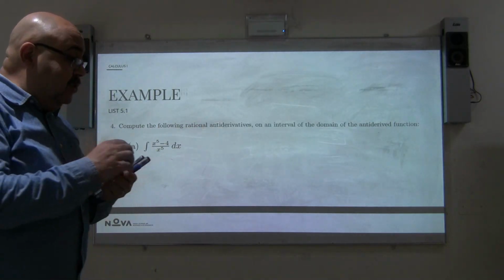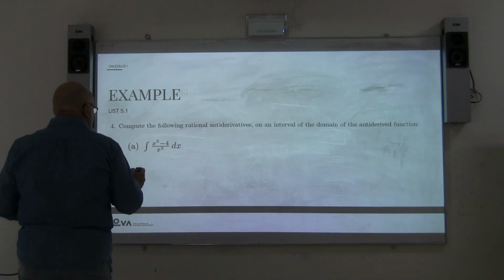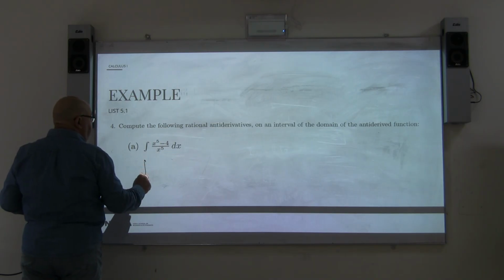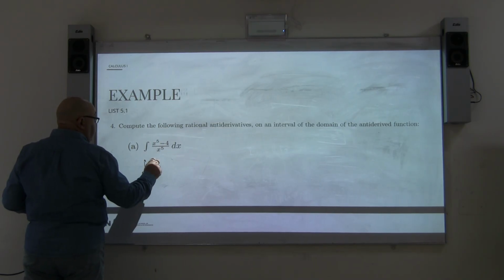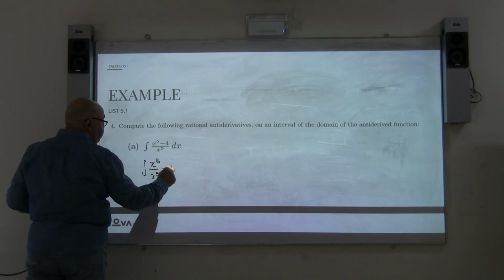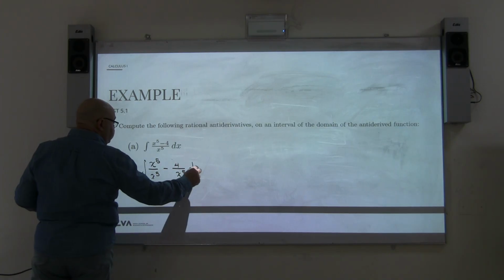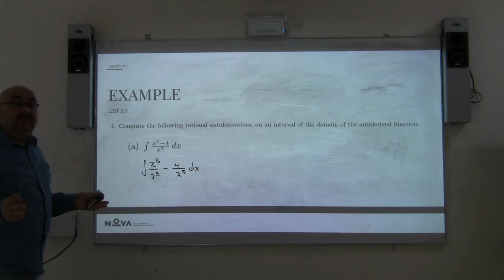This problem can be really very easily solved by just distributing the common denominator. So I will consider it like x to the power of 5 divided by x to the power of 5 minus 4 over x to the power of 5 with respect to x. Any problem?